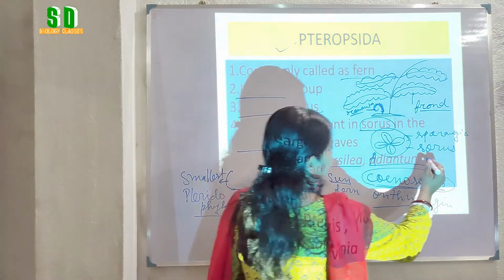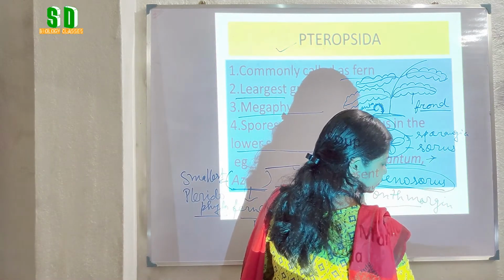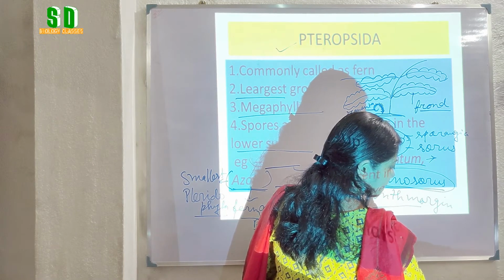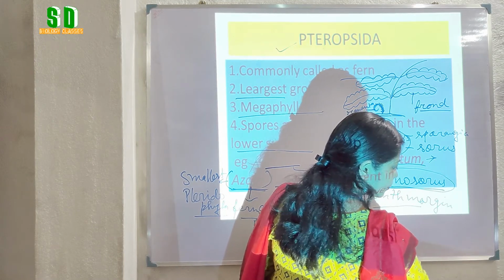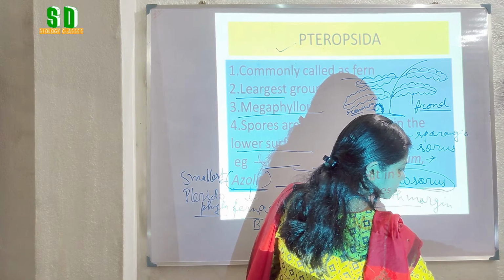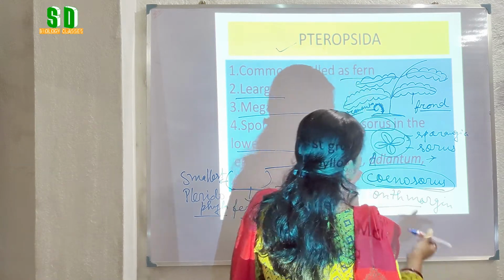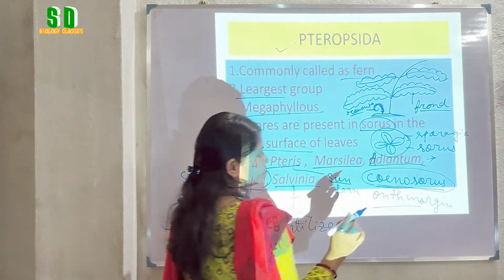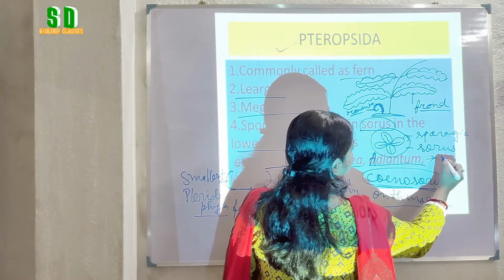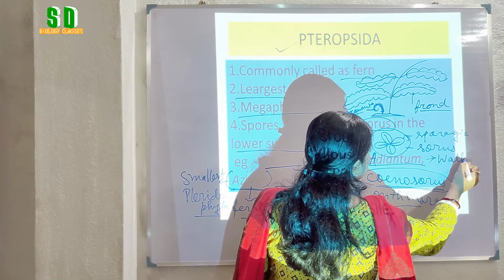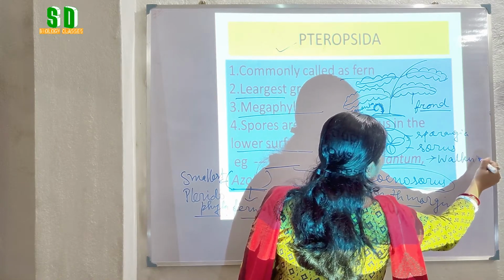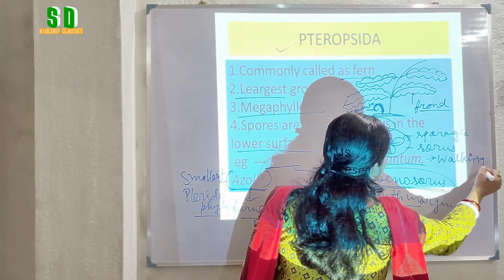And Adiantum is also called the walking fern. Why?